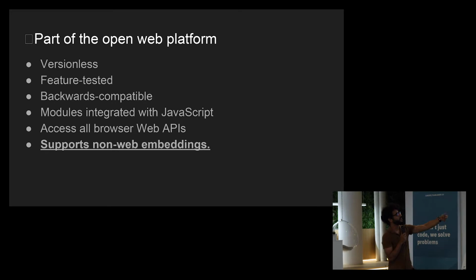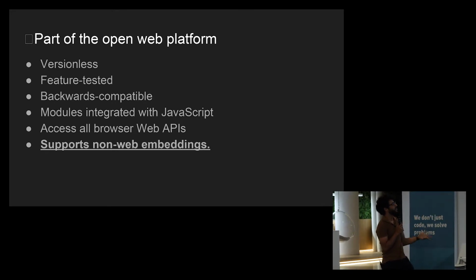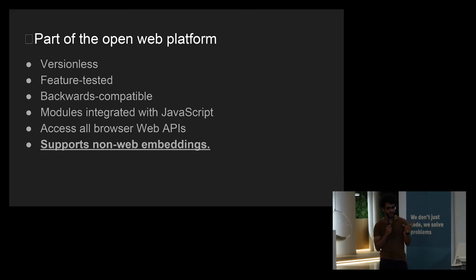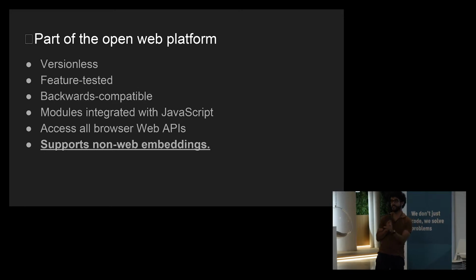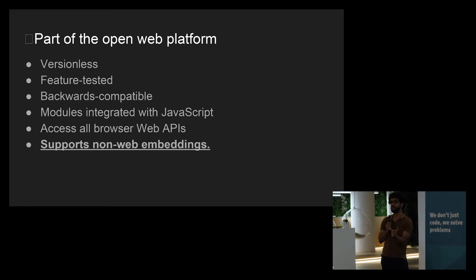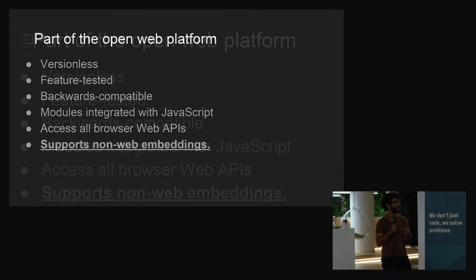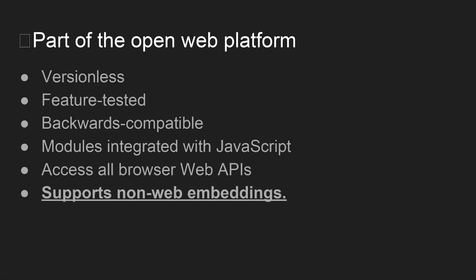And they designed WebAssembly with that in mind. Everything works like in JavaScript. You have to test every feature if it's there or not. And another thing, they want to integrate everything with JavaScript, with every browser web API like the DOM and everything. And they can also support non-web embeddings.